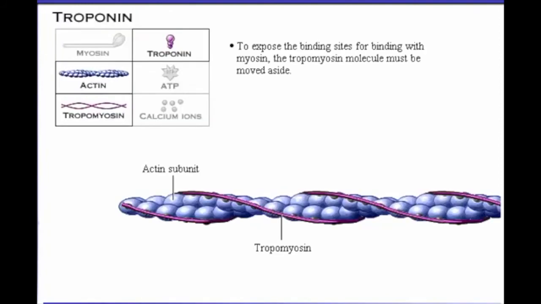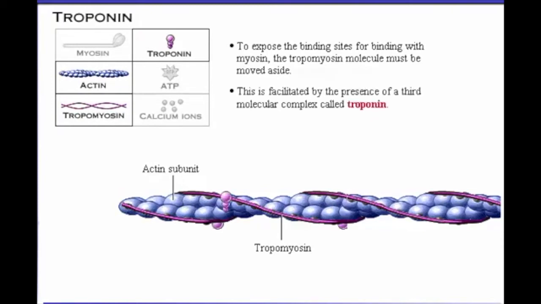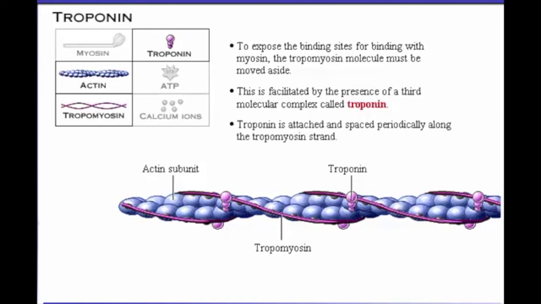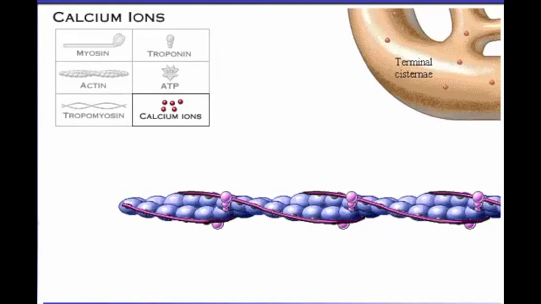To expose the binding sites for binding with myosin, the tropomyosin molecule must be moved aside. This is facilitated by the presence of a third molecular complex called troponin. Troponin is attached and spaced periodically along the tropomyosin strand. Troponin by itself is not able to move the tropomyosin away from the binding sites.